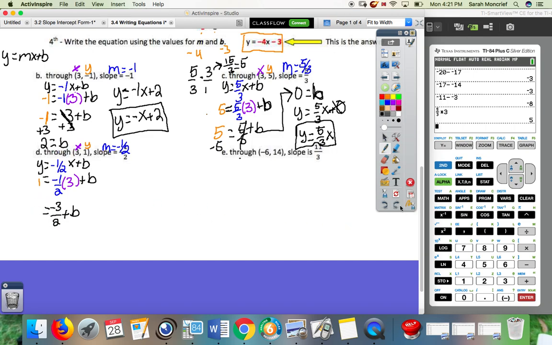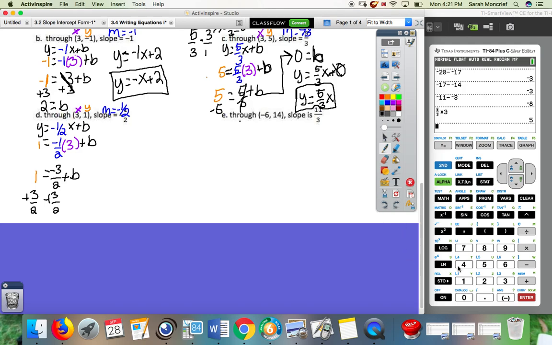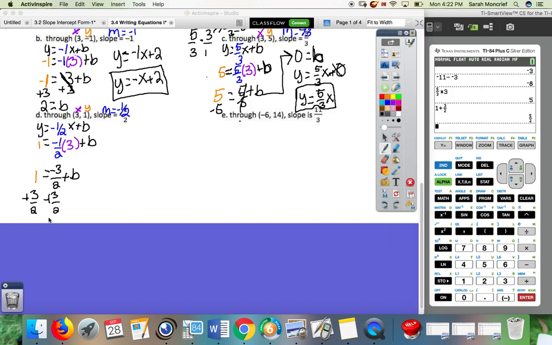I'm not going to try to make us remember how to add fractions and whole numbers. Just do 1 plus 3 over 2 in the calculator. And what do we get? 5 over 2. So b is equal to 5 over 2.